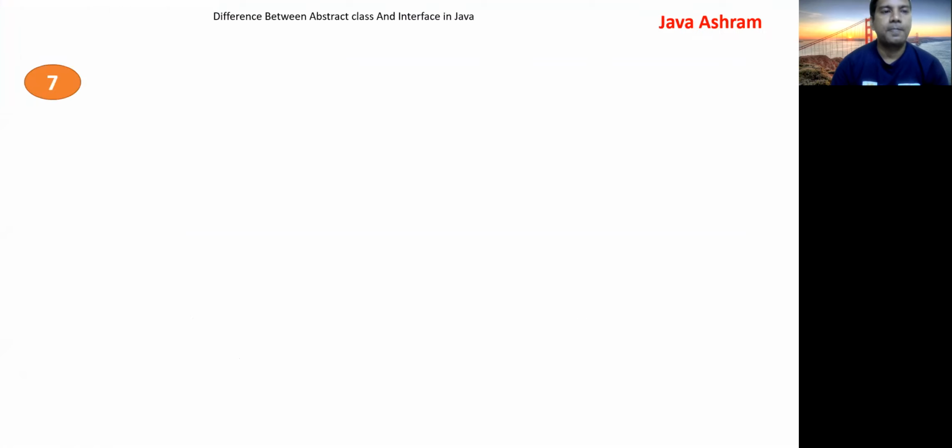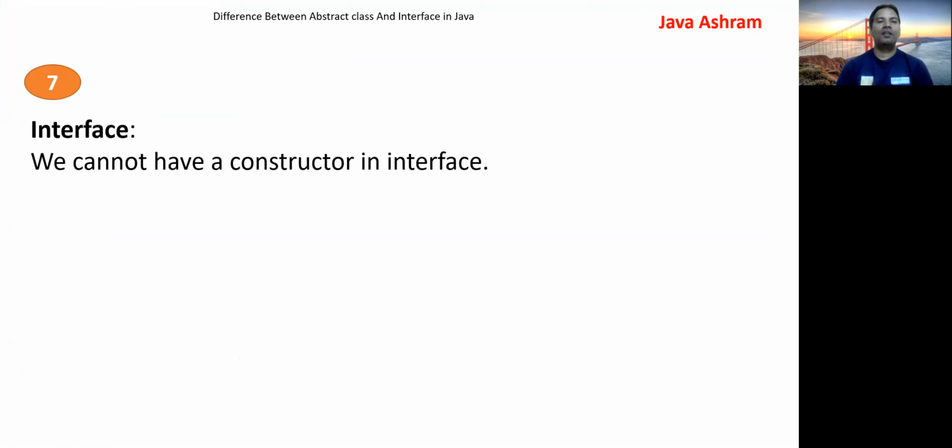Okay, the seventh one. It says that we cannot have a constructor in an interface, and you know the reason. A constructor is mainly used to create an object; it takes part while creating an object. But in the case of an interface, you are not creating any object, so there is no point in thinking about a constructor.